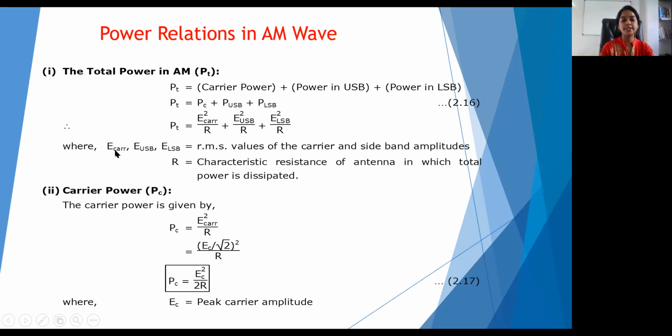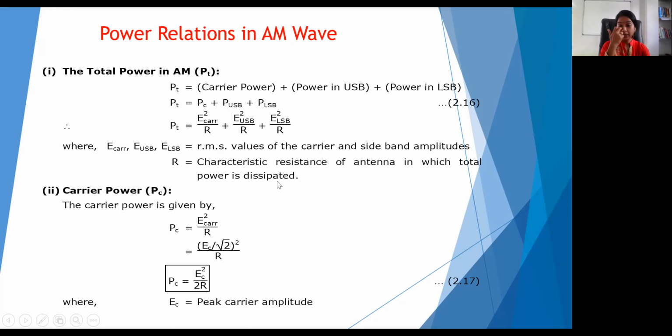What are these? E carrier, E USB, and E LSB. These are RMS values of the amplitudes, divided by the characteristic resistance of the antenna in which the power is dissipated.